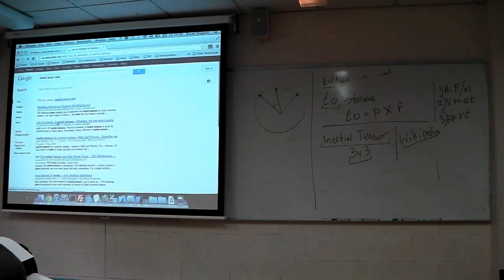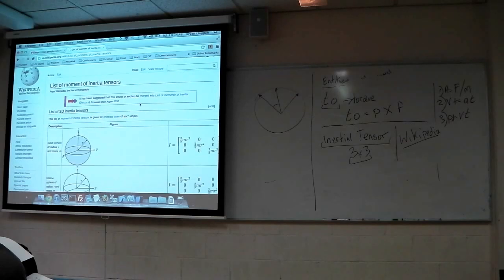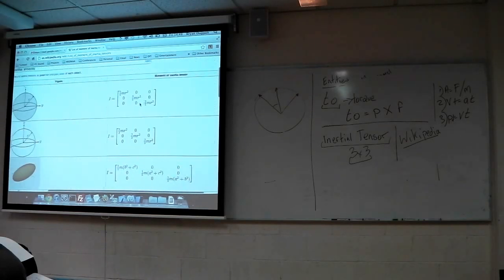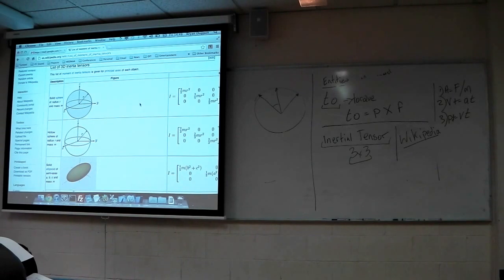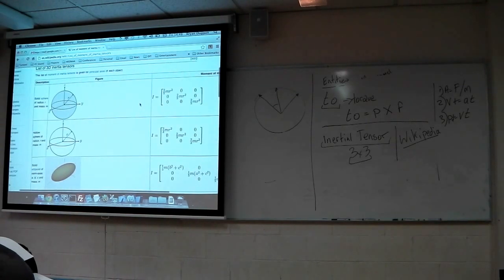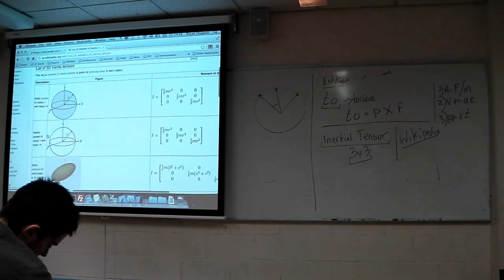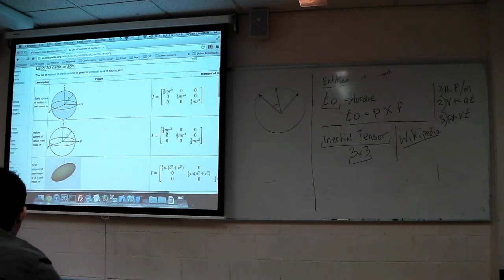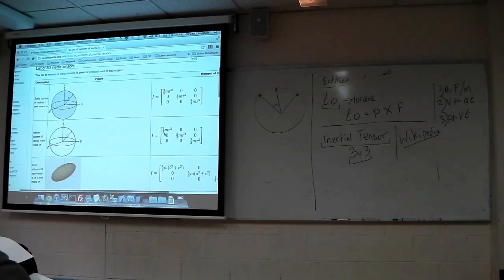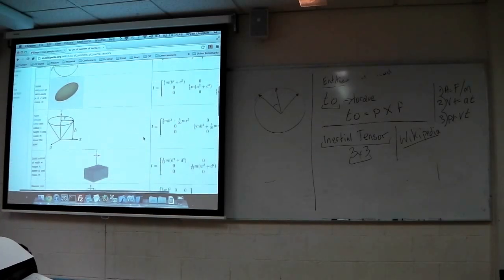List of moments of inertia tensors on Wikipedia. There we go. So here's your table which describes how you create inertial tensors for differently shaped objects. That's a solid sphere, that's a hollow sphere. Basically the dimensions, m is the mass, r is the radius. So it's 2 over 3 mr squared, and so on.